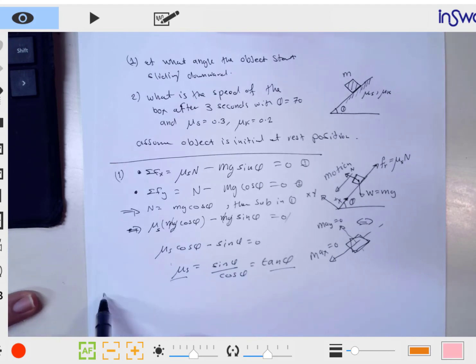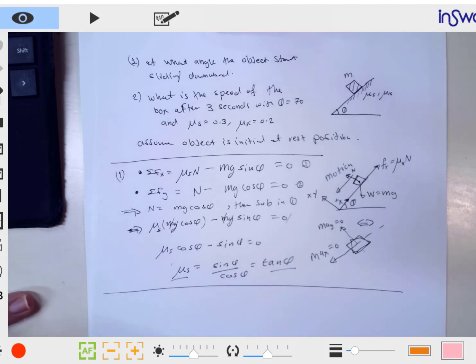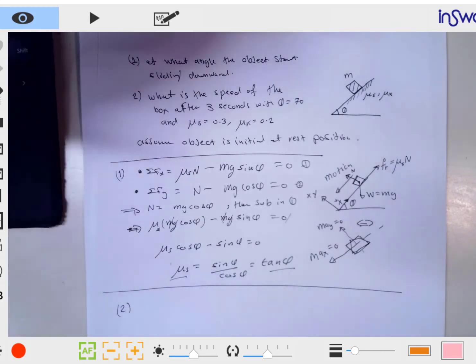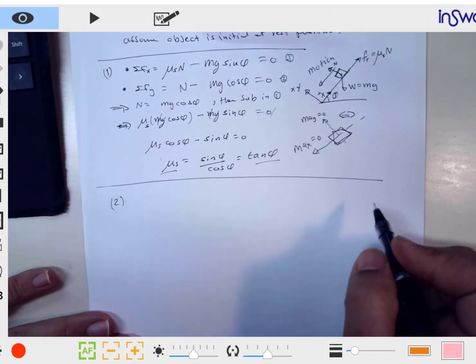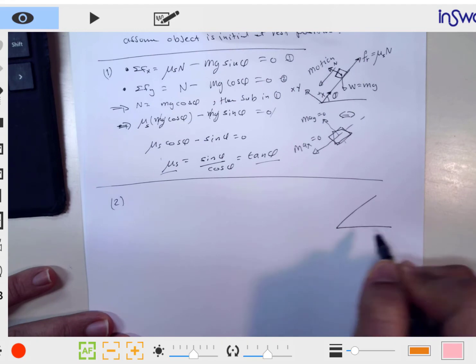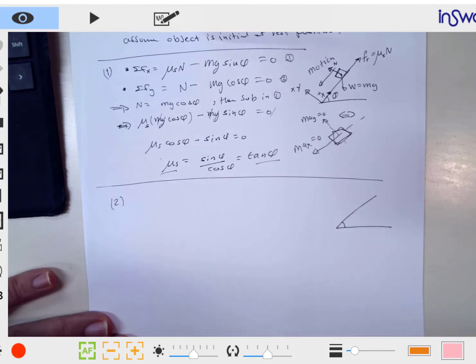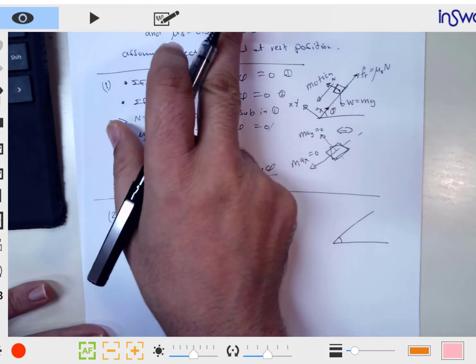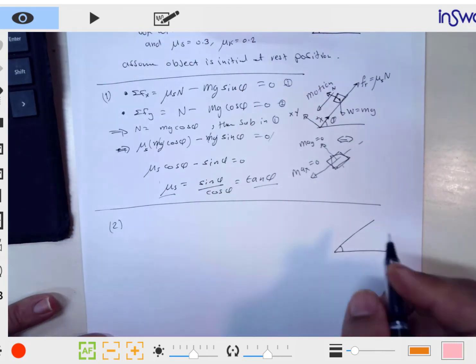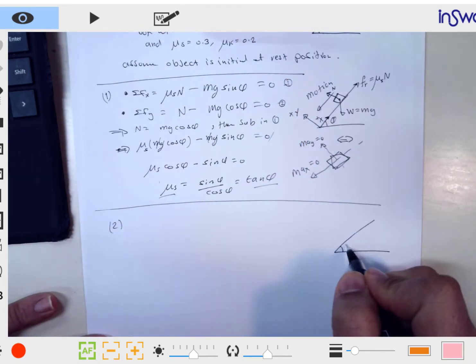Okay, great. So that's the relationship. Now for the second one, we have more information given to us. What do we get? It does say that we have an angle, and that angle is the following. It does have an angle of 60 or 7. I'm sorry, it's 70, right?